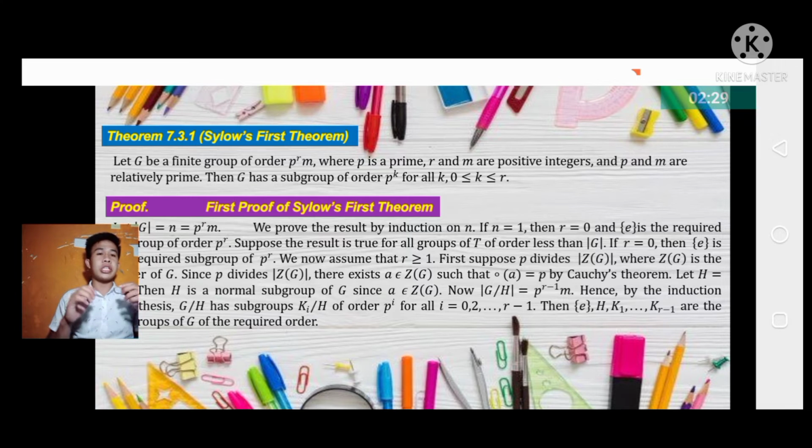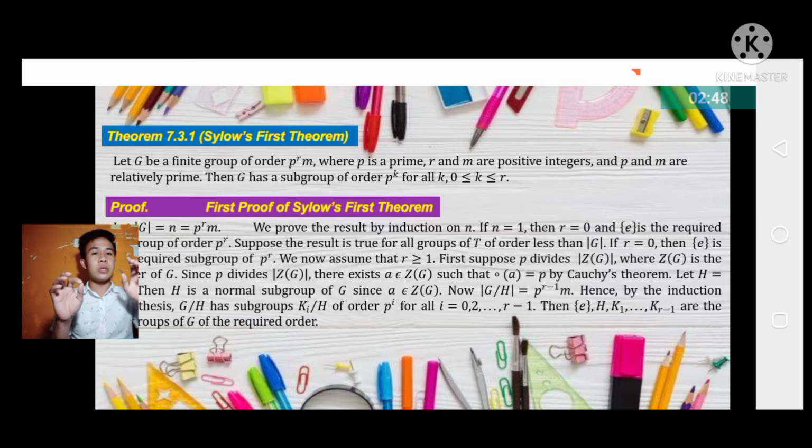Consider the value of r here in our mother group, the group G, with order p to the r times m. I'm going to consider that the value of r is equal to 1.